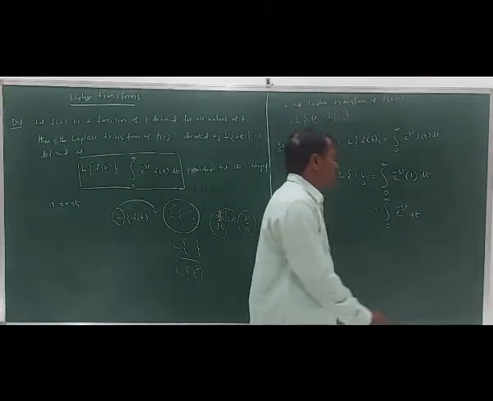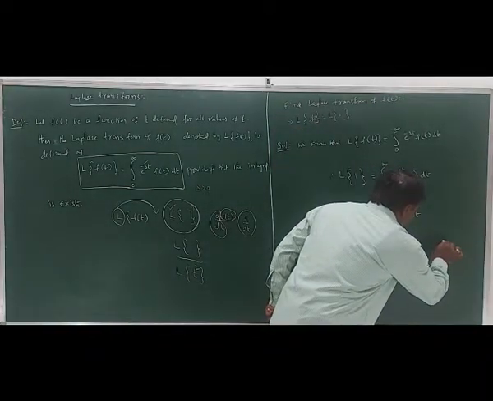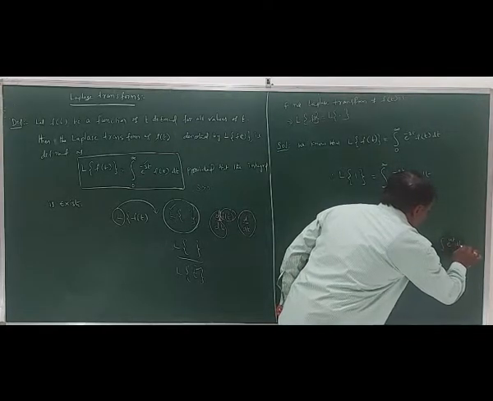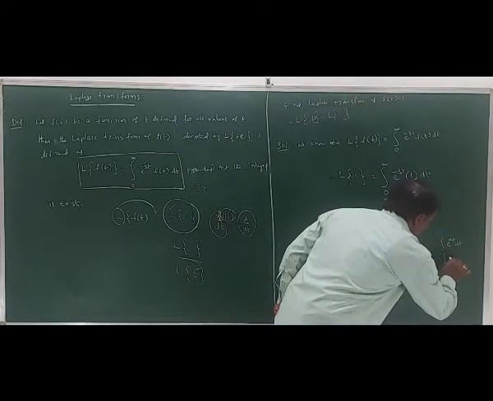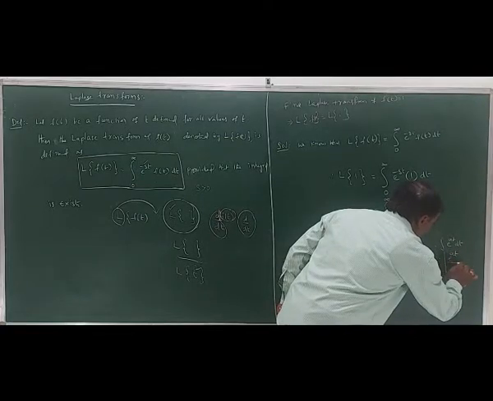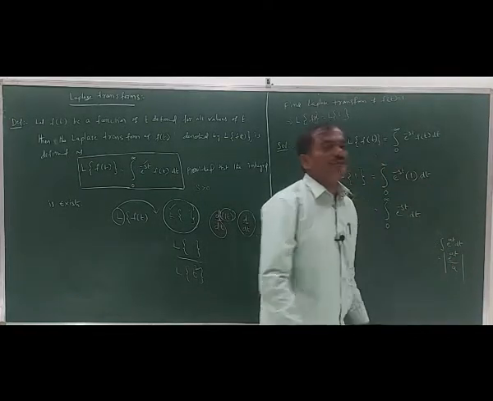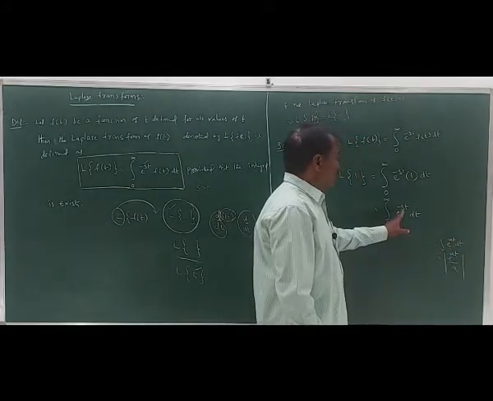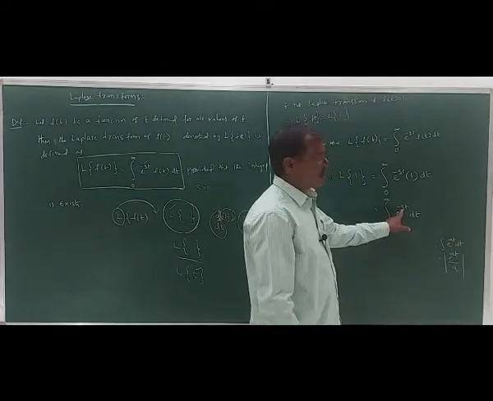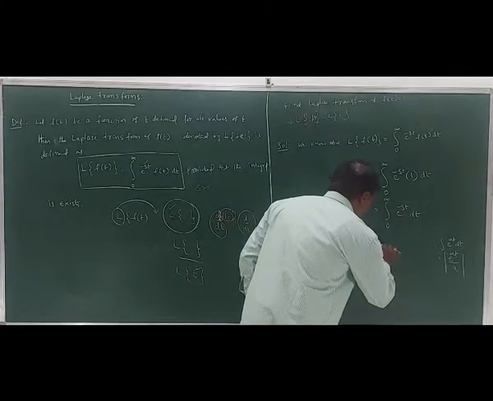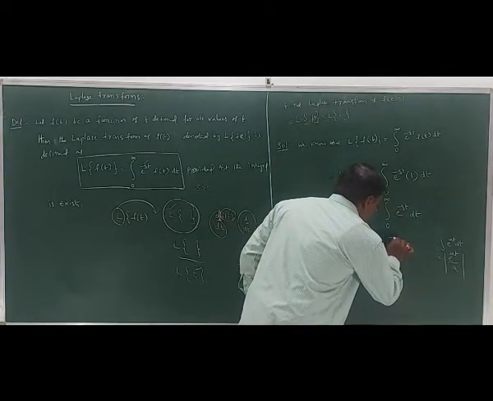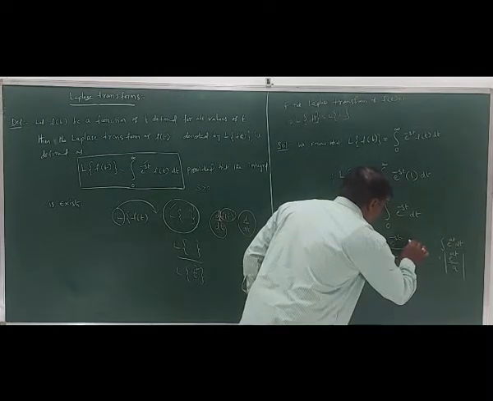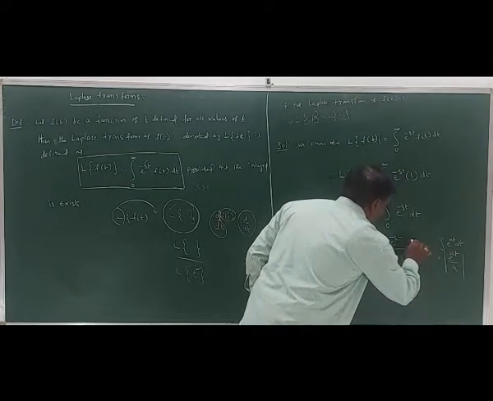Already we know that the integral of e to the power of at dt equals e to the power of at by a. This is the process of finding the integral of an exponential function. Now what is a here? Where a equals minus s. So therefore this is equal to e to the power of minus st by minus s, from 0 to infinity.